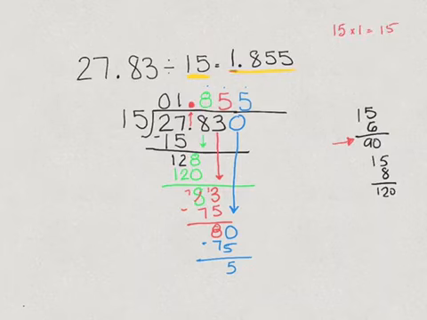And if I were to round this 1 to a 2, since it's 1.8, I know that 15 times 2 is 30. So my answer is going to be between 15 and 30. And I look over here, and sure enough, 27, which is between 15 and 30. Okay, so you can always go back and use that number sense.